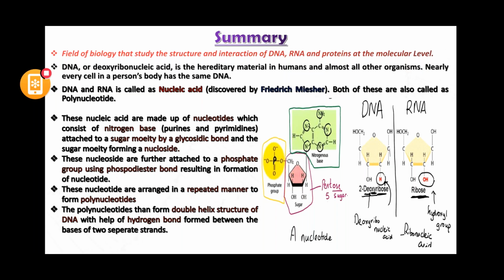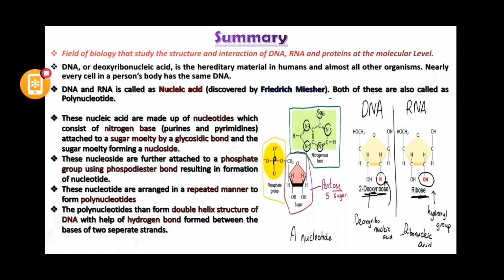Now, what are DNA and RNA made up of? We have seen that DNA and RNA are made up of nucleotides. The nucleotide consists of three things: nitrogen base, sugar moiety, and phosphate.